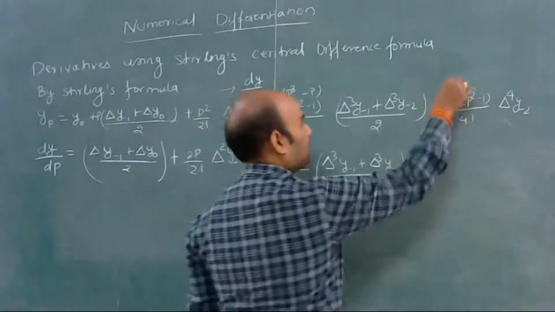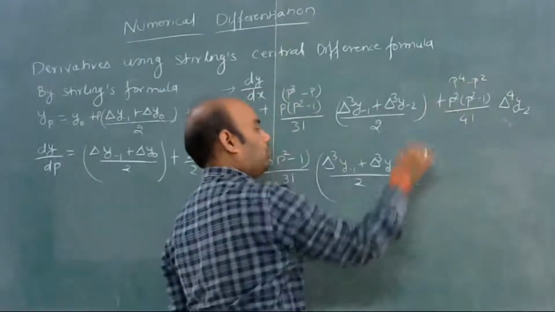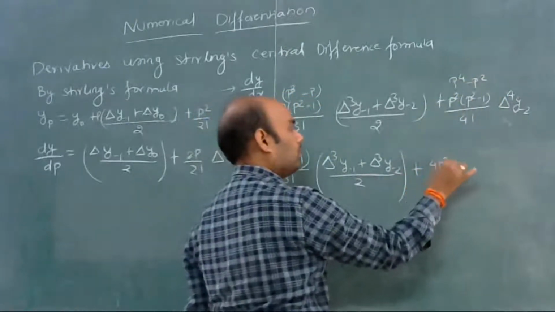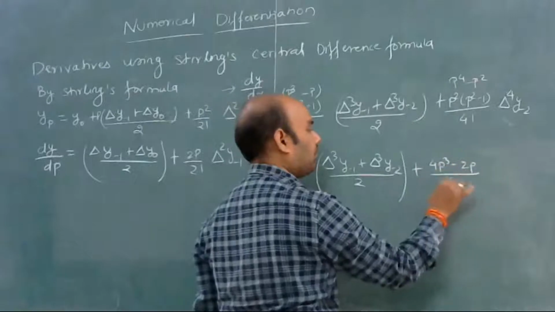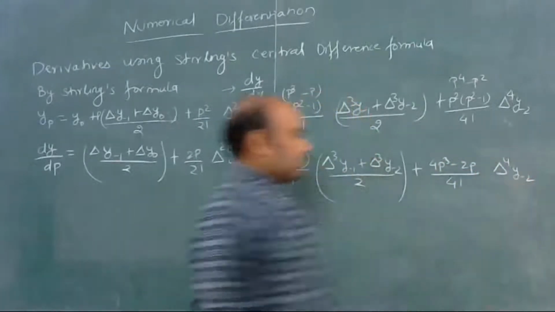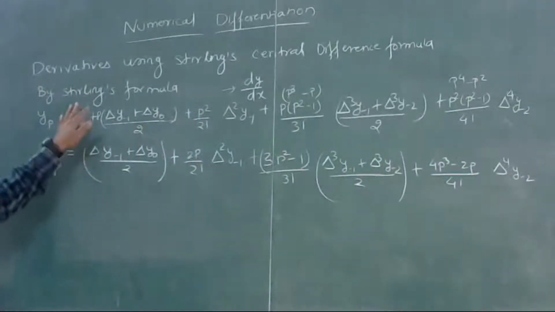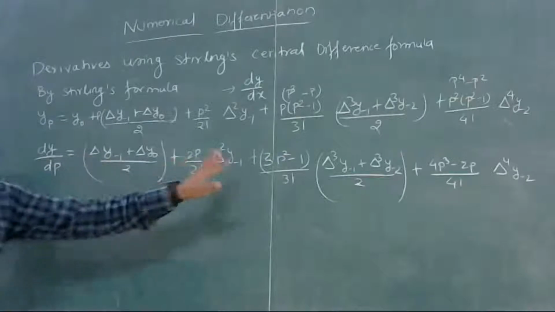This is p to the power 4 minus p square, so differentiation of p to the power 4 is 4p cube minus 2p divided by factorial 4 del to the power 4 y_-2. So on differentiating the above equation, you get this value.